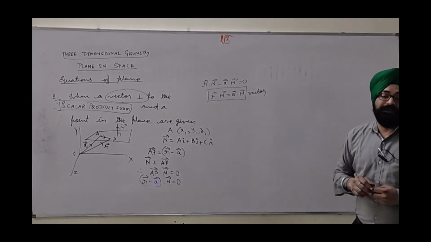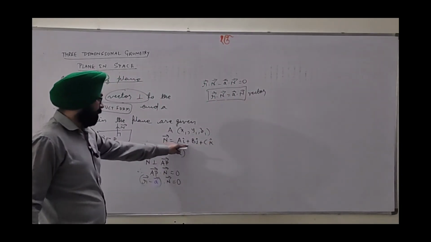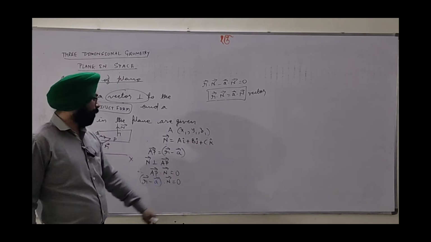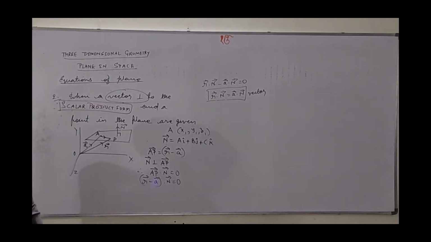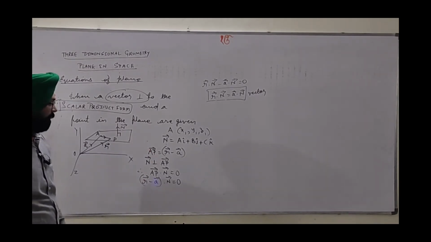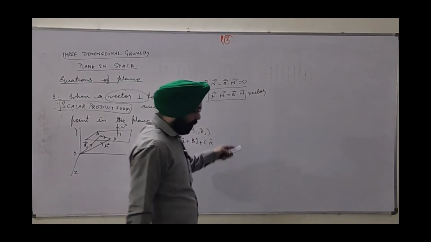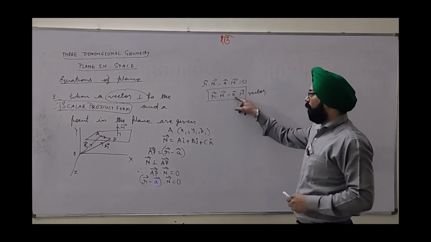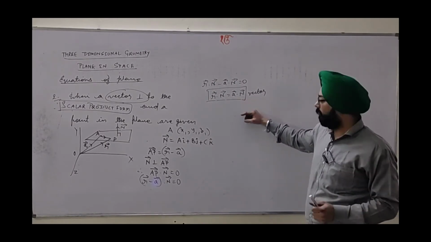Now to convert this into Cartesian form, N we have already taken as ai plus bj plus ck. R is always the XYZ coordinates of P. A dot N always gives you a constant value if you take the dot product between them.